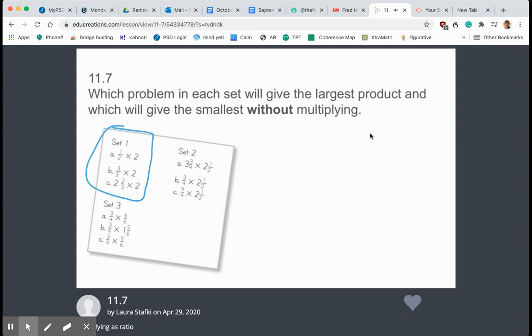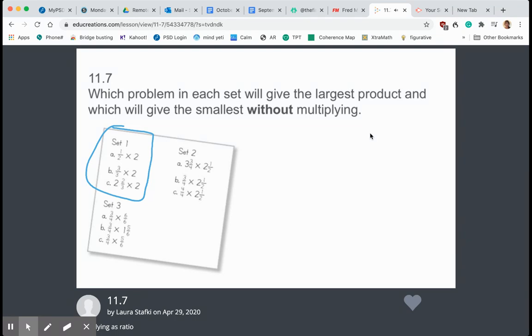I'm going to assume you're right. A is the smallest. 1/2 is a smaller fraction than 3/3, because 3/3 is actually 1, and 1/2 is going to give you less than 2 as your answer.